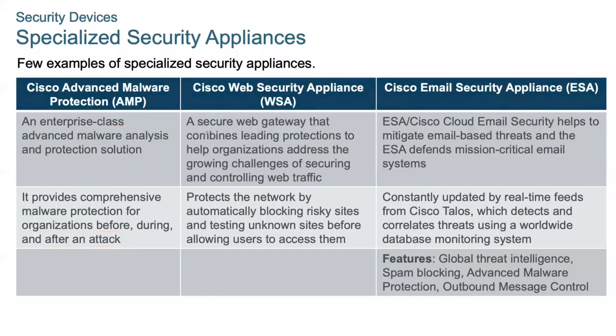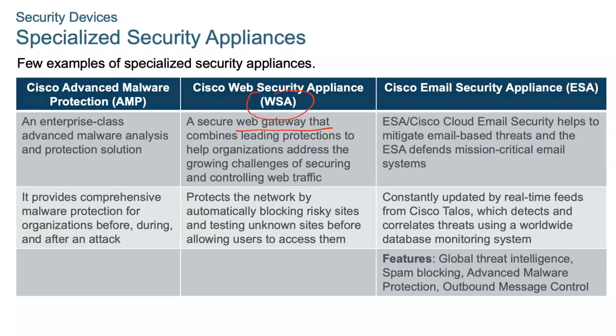Whereas web security gives a secure web gateway that combines leading protection to help organizations address the growing challenges of securing and controlling web traffic. Nowadays there are many web applications, so to identify those web applications and protect your organization from them, the web security appliance plays an important role.